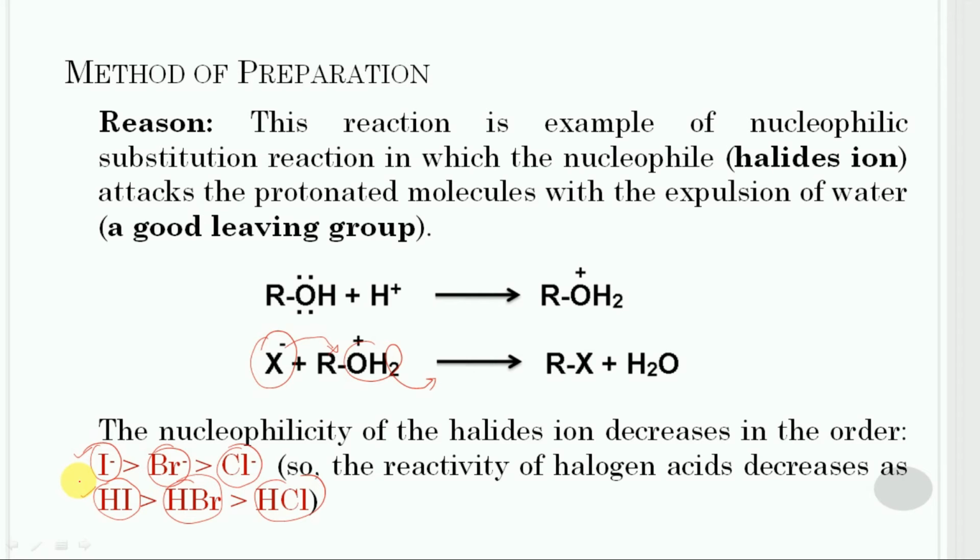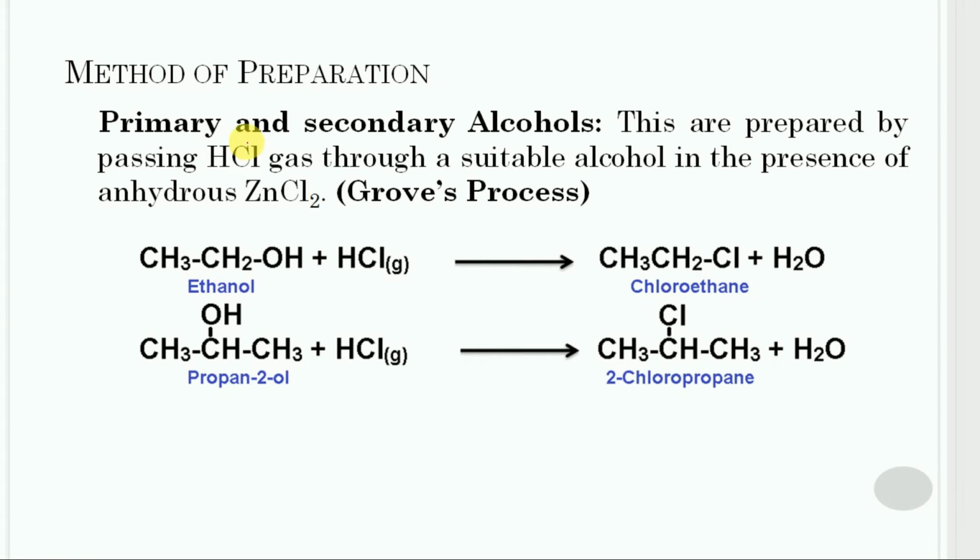In the case of primary and secondary alcohols, these are prepared by passing hydrochloric acid gas through a suitable alcohol in the presence of anhydrous zinc chloride, and it is called the Groove process.